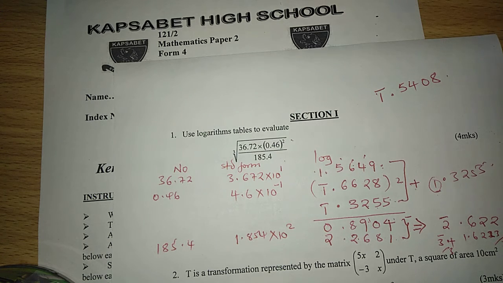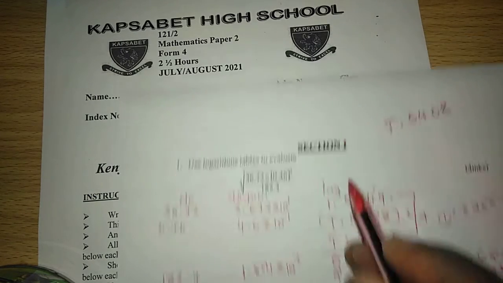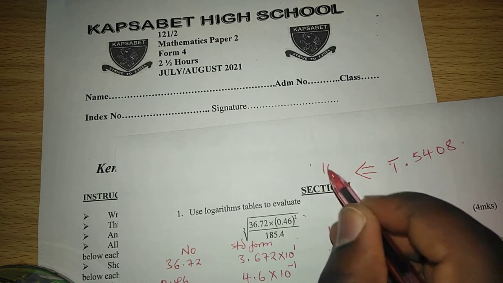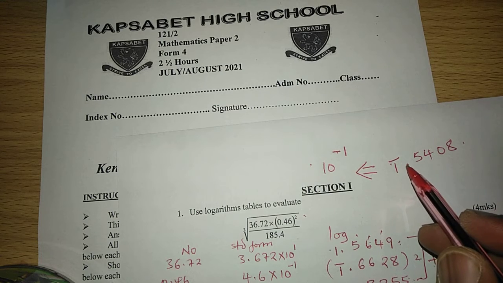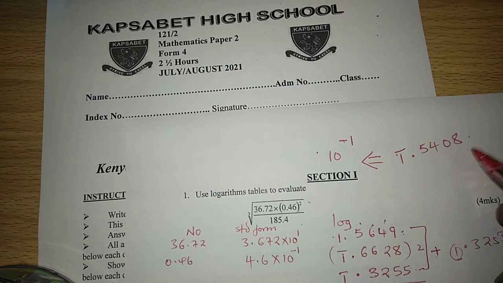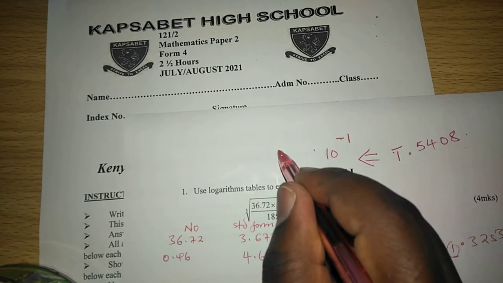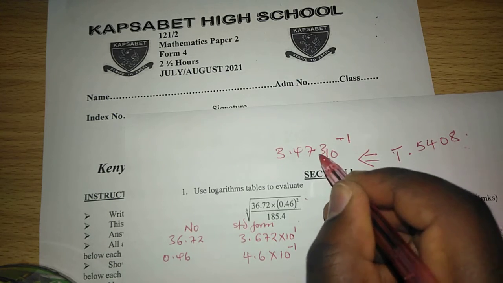Now, if that is the final logarithm, we can get back to the number which gives this logarithm. Getting back to the number, we will have times 10 to the power of negative 1 because we have bar 1. Then on this other side, we get the antilog of this answer part, which is 3.473.